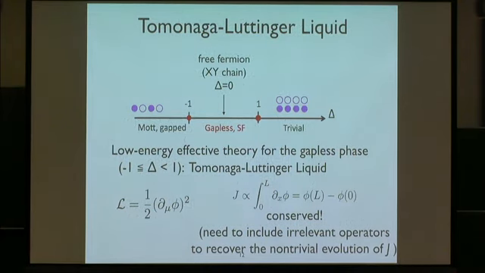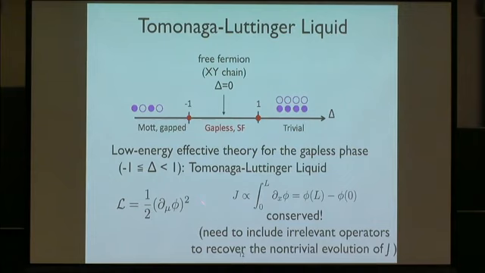Okay, and as I said in the beginning, of course, in this gapless phase, which is probably most interesting, the low energy effective theory is given by the so-called Tomonaga-Luttinger liquid, which is nothing but the field theory of free bosons in 1+1 dimensions.